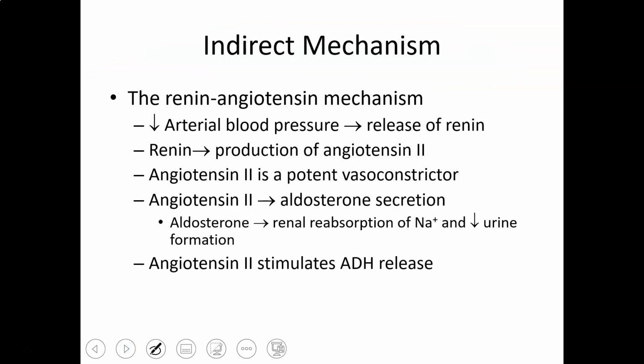The indirect mechanism is what I just talked about, where we have the release of renin and angiotensin II. So that's going to increase volume. Antidiuretic hormone, that's going to increase volume.